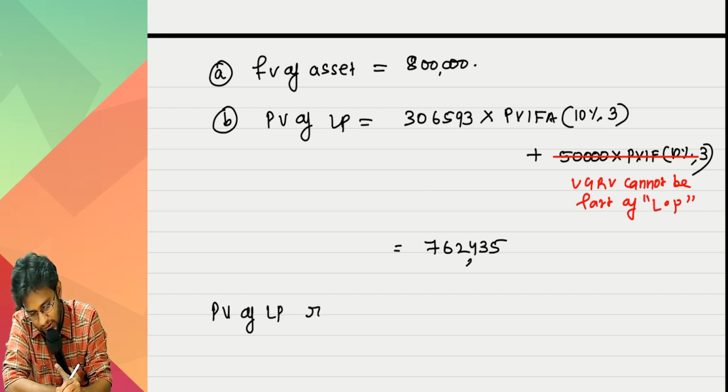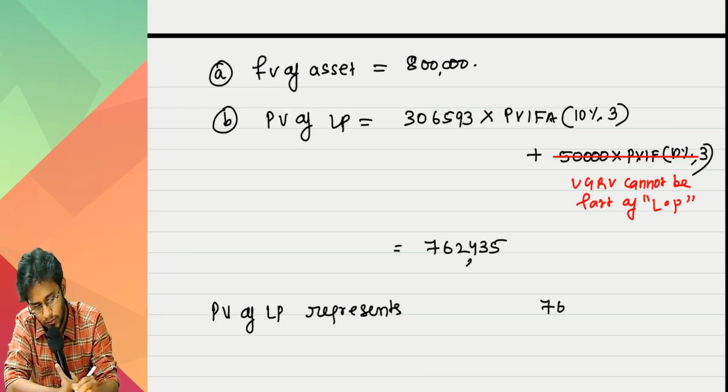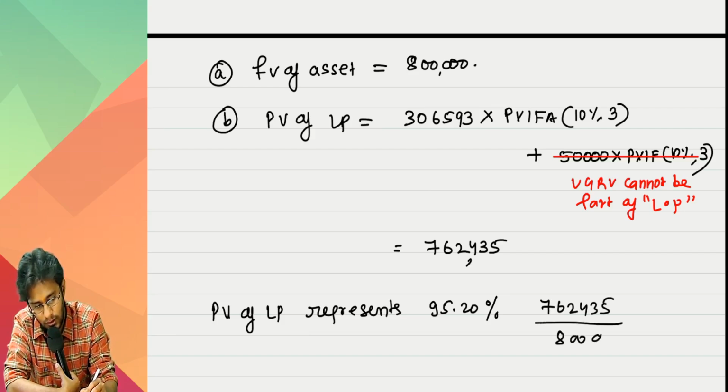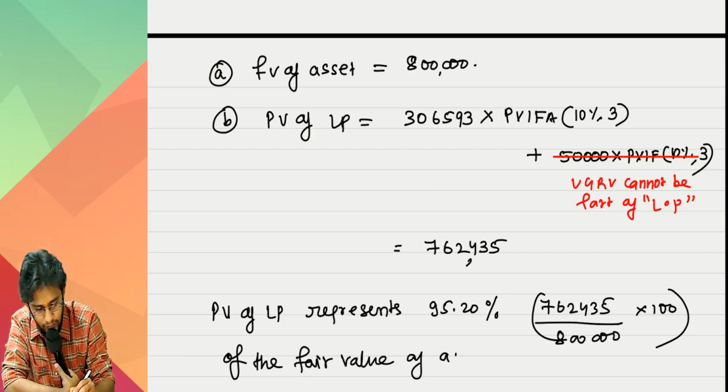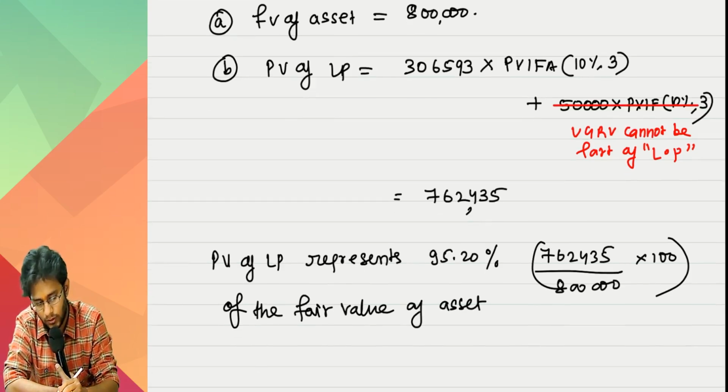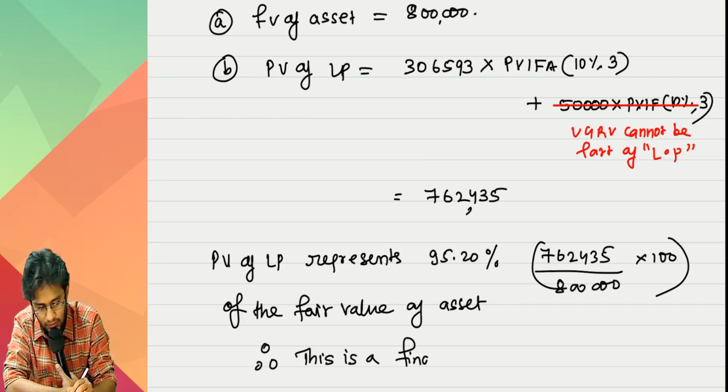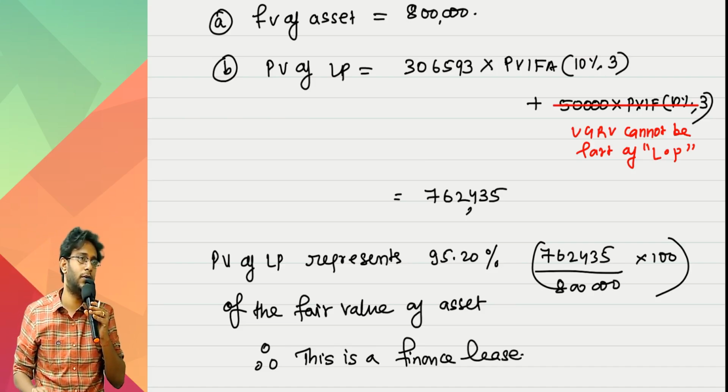PV of lease payments represents how much percentage? 95.2%, that is 762,435 by 8 lakhs into 100, of the fair value of the asset. Therefore, this is a finance lease. See how simple it is.